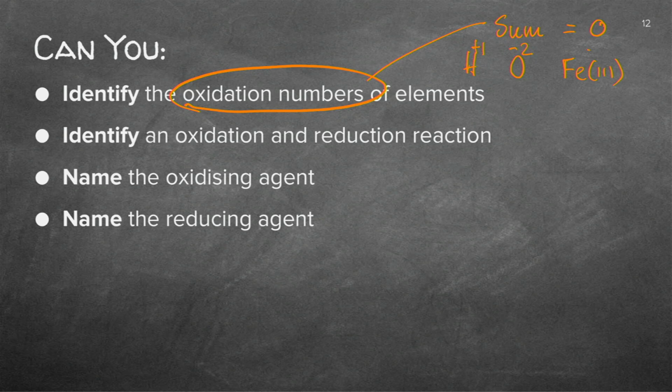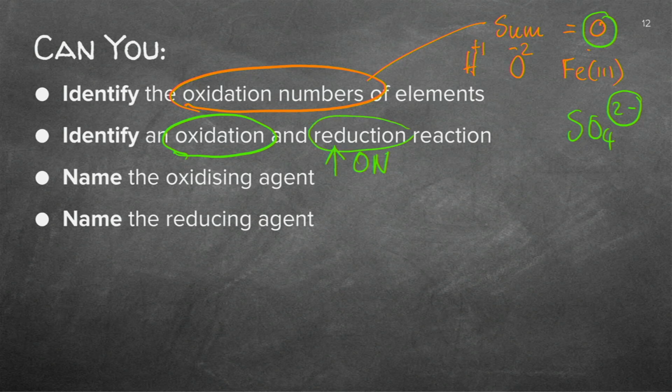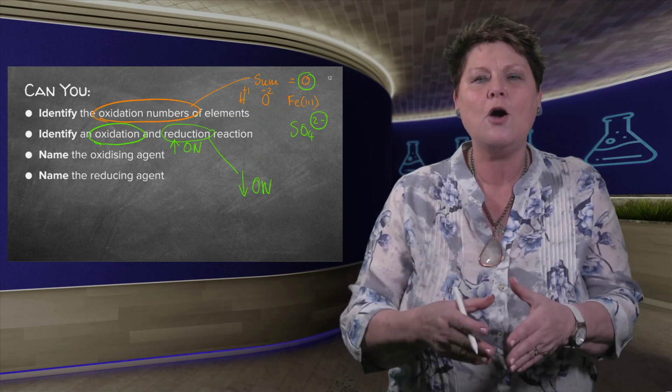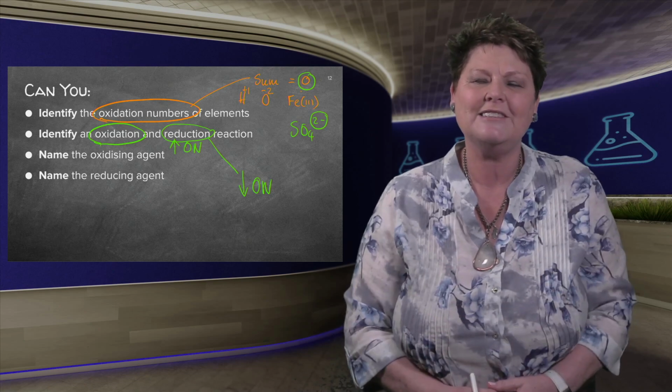On the other hand, if you've got a charge, let's say for instance that, it needs not to be 0 but -2, and then you determine, is it an oxidation where you've got an increase in the oxidation number, or is it reduction where you've got a decrease in oxidation number? So oxidation numbers, you should actually be able to predict oxidation and reduction knowing what the oxidation number is.